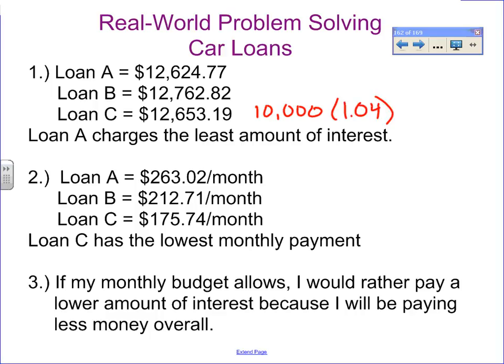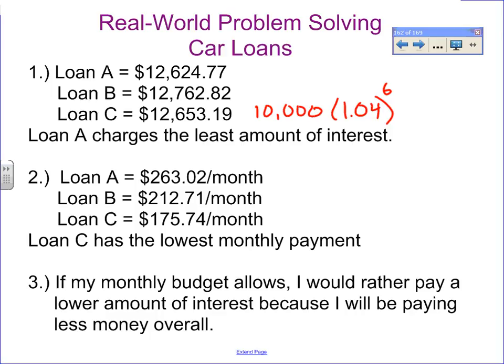So 1 plus the rate raised to time, which is 6. Make sure you convert all the months to years. Oh, so that's why. C tells you that there's a 4% interest rate. So maybe you looked at loan B by accident. Okay. Anyone else on the car loan?